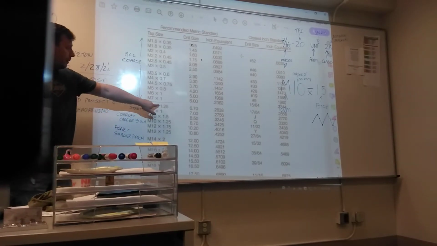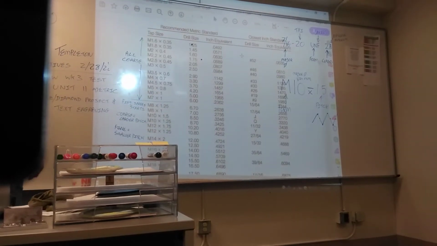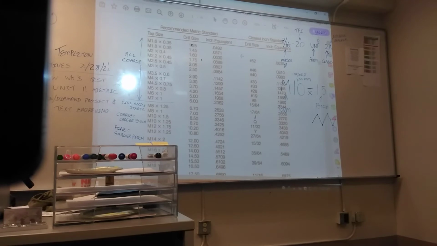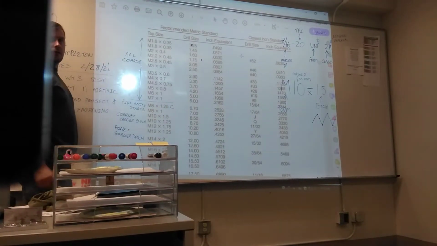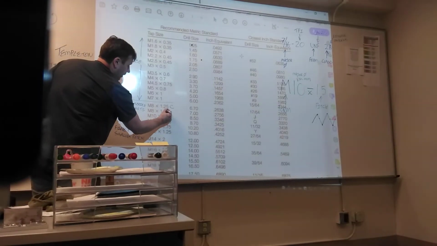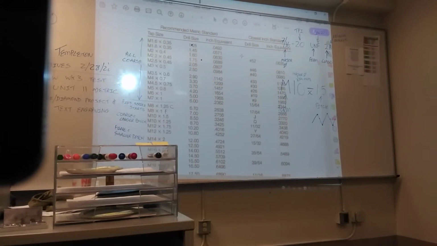So you got M8 by 1.25, M8 by 1. Which one is larger? 1.25. So that is the coarse thread. M8 by 1 is smaller, so that is the fine thread. So the smaller the pitch, the more threads you're going to have. The larger the pitch, the fewer threads you're going to have.